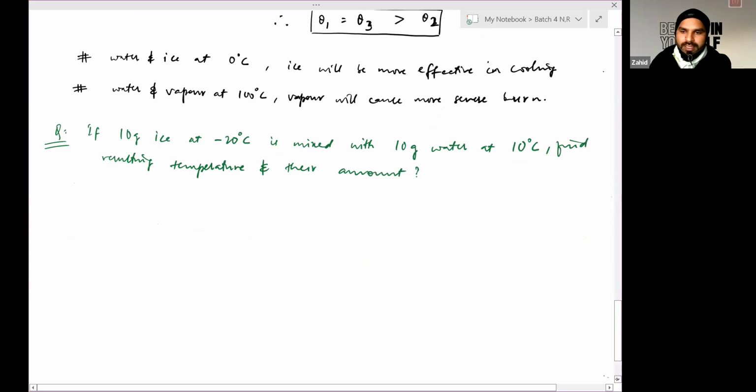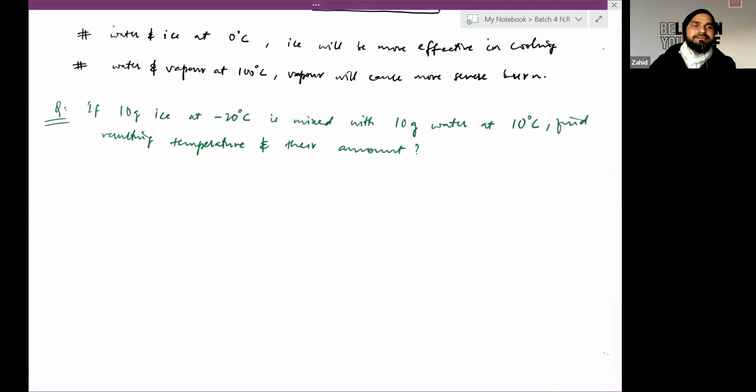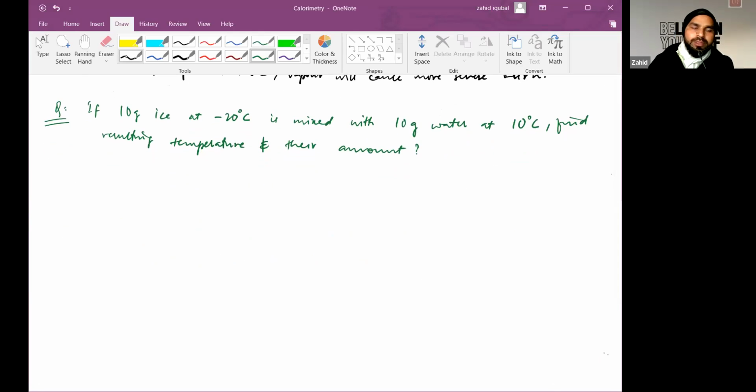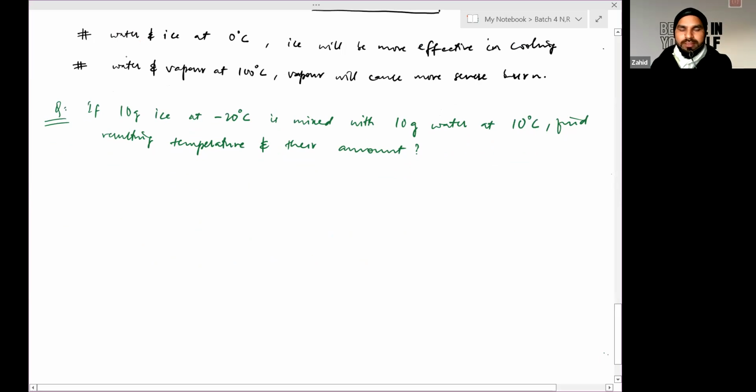Let me give you some hint how to simplify it. For any problem, first draw the graph related to that part. In this problem, we have two different parts, one is ice and the other is water. Temperature versus heat.